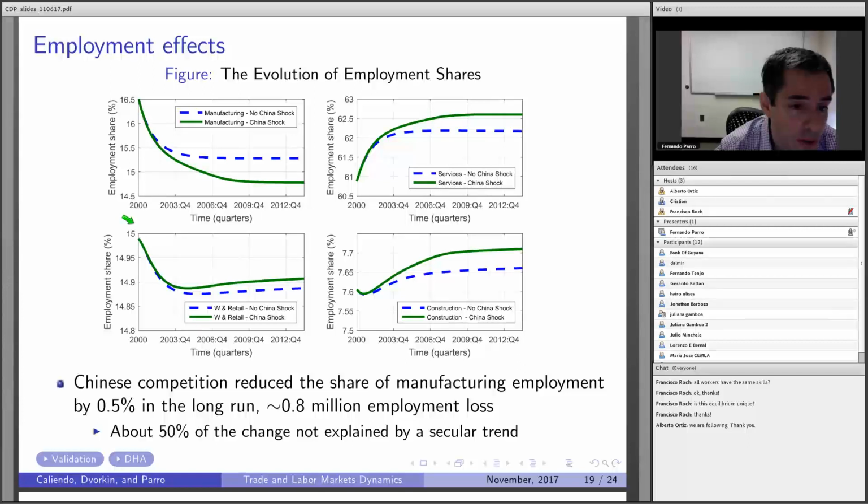So let's focus first on the one that has been the focus of recent literature, manufacturing. These are the results for the case of constant fundamentals, and the dashed blue line shows the evolution of the manufacturing employment share with constant fundamentals.